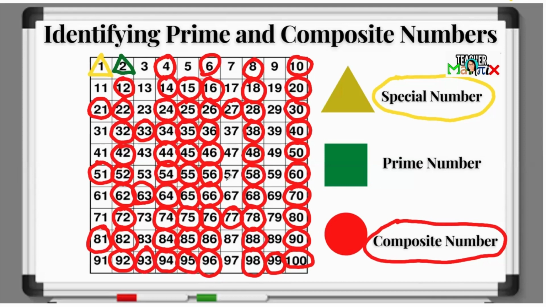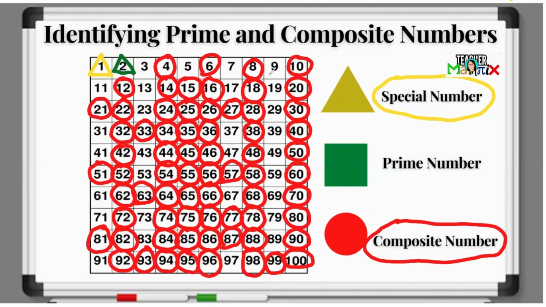Okay, it's divisible by 3. 67, it's not. 77, 87, 8 plus 7 equals 15, and 15 is divisible by 3. Okay, this is composite. 97, 9 plus 7 is 16, and it's not divisible by 3.